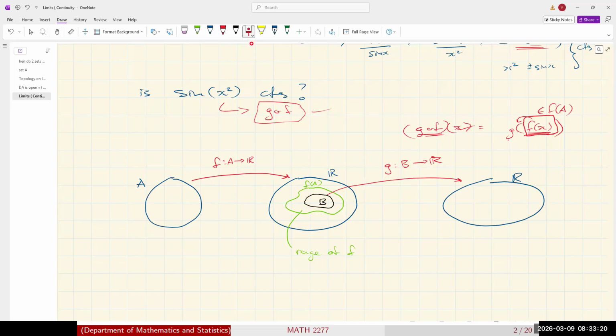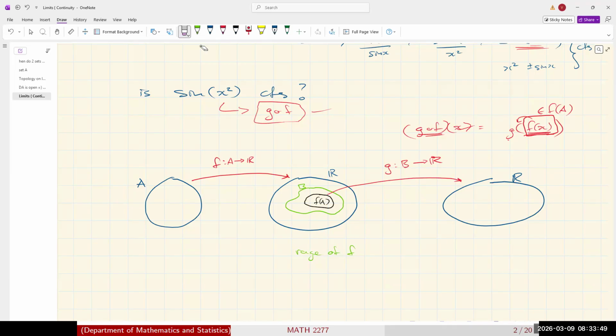So the range of f, which is this green set, sorry, I had it wrong. So it's f of A, so the range is in there, and B is out here.